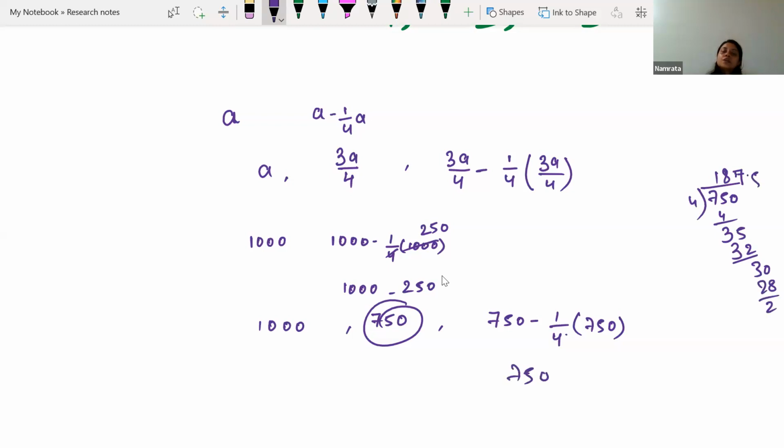One fourth of 750 is 187.5. So 750 minus 187.5. If we do the subtraction, we will be getting a decimal number.